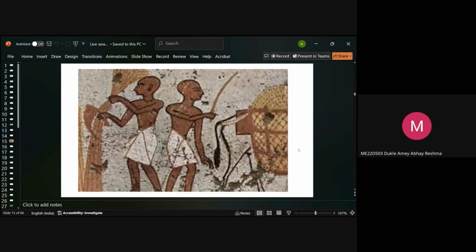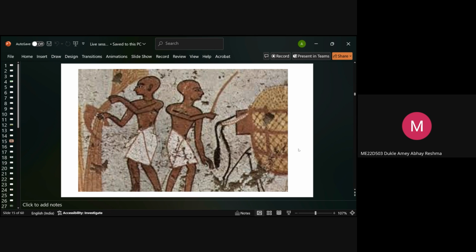Basically, the evidence was found in some cave paintings. This cave painting was found, and it signifies that. From this cave painting they did some carbon dating, and from that they deciphered that agriculture dates from 8000 BC.